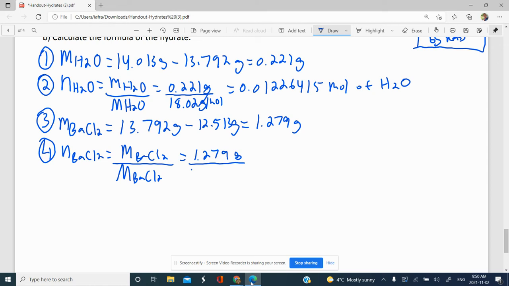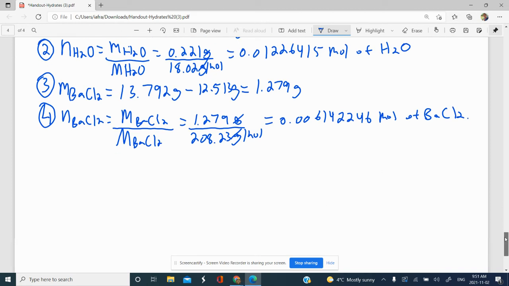We get 208.23 grams per mole. Cancel out the grams, and now we get 1.279 divided by that big molar mass. We get 0.006142246 moles of BaCl2.